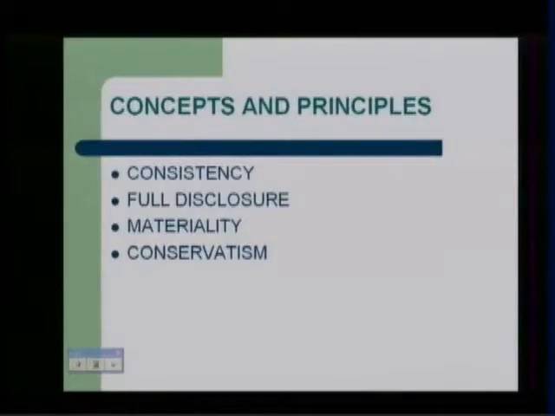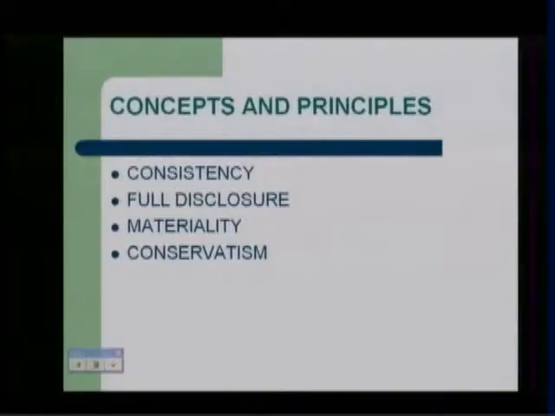When we're doing accrual accounting, we look at some additional terms, things like consistency. When we're doing our financial statements, we try to do them the same way each time so that investors and creditors can look at one year, 2004, look at the next year, 2005, and we've done all of our systems, all of our processes pretty much the same so that results are comparable, so that they can compare 2004 to 2005.